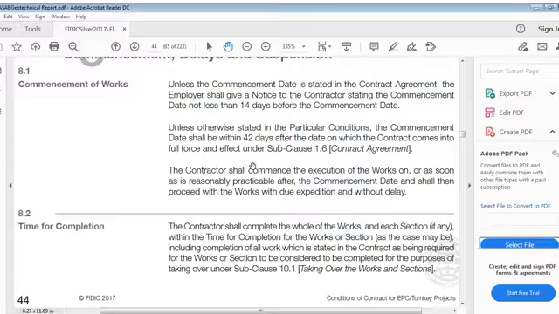Sometimes we have to impose damages on delays, which cause havoc to the contracting company. That delay is not a pleasing one.